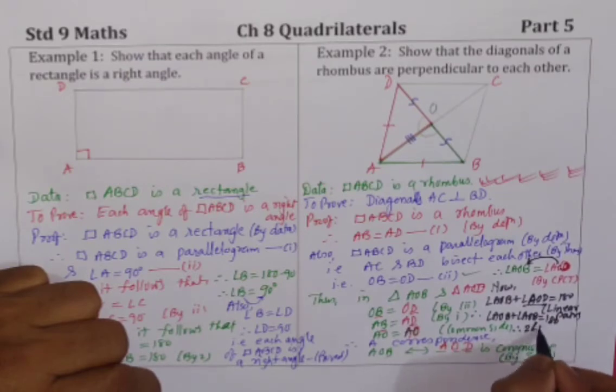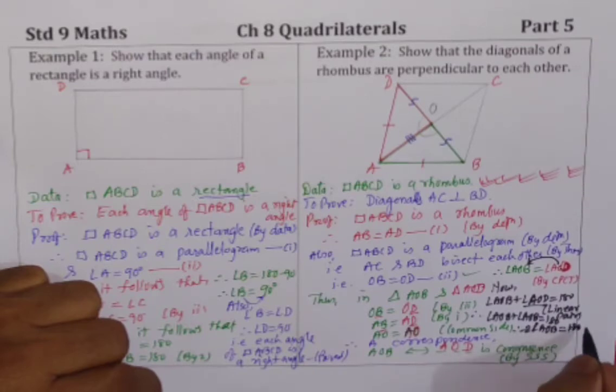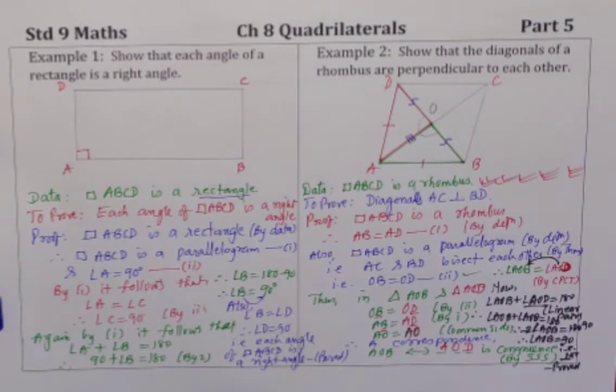Therefore, 2 times angle AOB is equal to 180. 2 ones are 2, 90 twos are 180. Therefore, angle AOB is equal to 90, i.e., yes, I am just putting this symbol, i.e., diagonals are perpendicular to each other, and proved. I hope this last statement you will be able to write. Clear to you, children? Good.